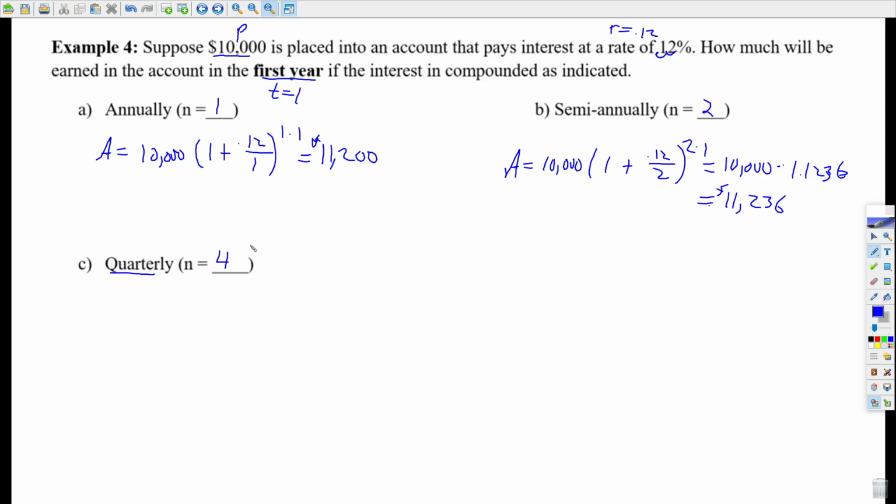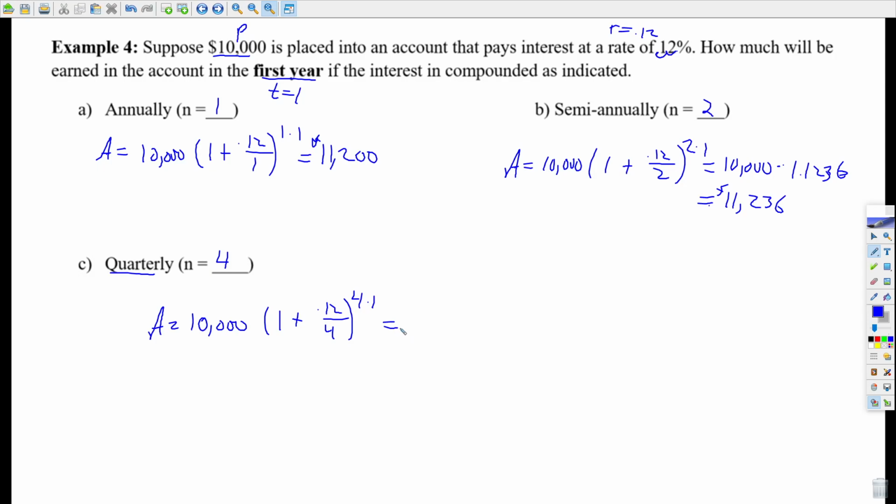All right, quarterly, we'll see this go up a little bit more. A equals 10,000, same idea. Plug in the same numbers, 0.12, but now we're dividing by 4, and the exponent would be 4 times 1. So if I divide by 4, I get 0.03, add the 1, 1.03. Then I have to raise that to the fourth power. 1.1255. So I'm going to take that whole digit. It's like 1.125508881.